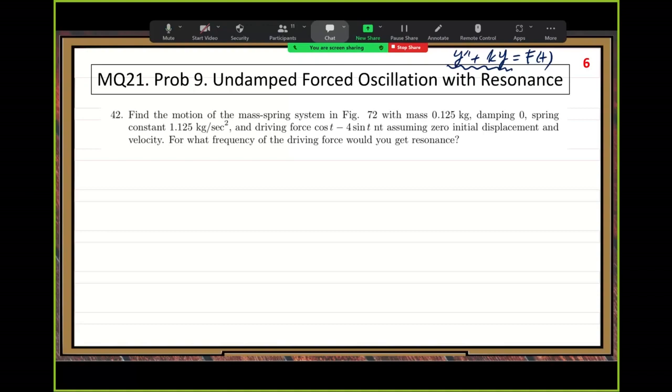Another thing, because this is undamped, there is also a damped case. In the damped case, sometimes you may have a resonance problem, but sometimes you won't. So what is the damped case?